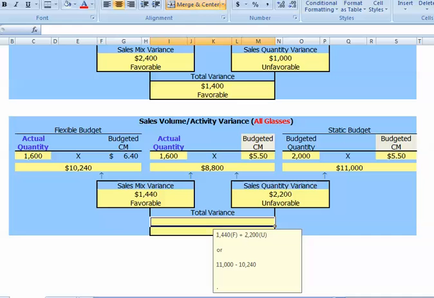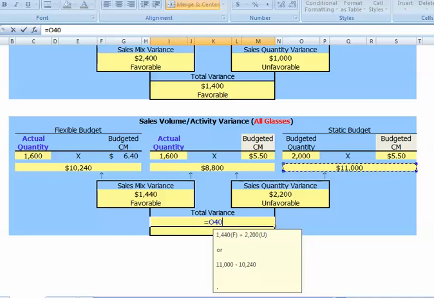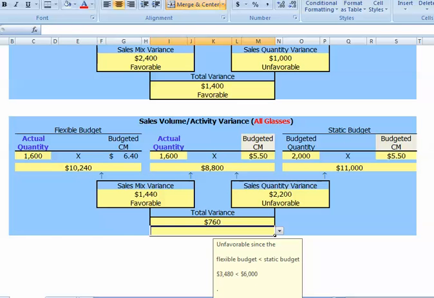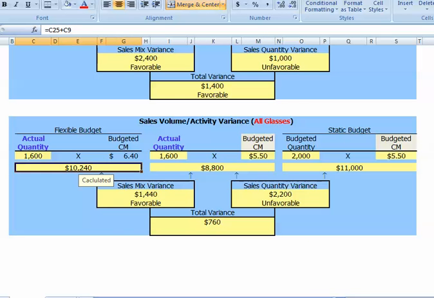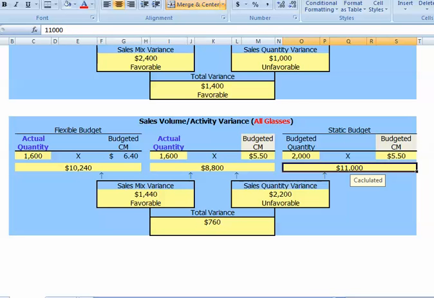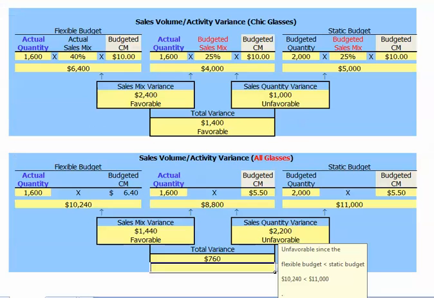Our total variance will simply be the difference between our 11,000 static budget and our 10,240 flexible budget, and that budget variance is going to be unfavorable because our flexible budget amount was less than our static budget amount.